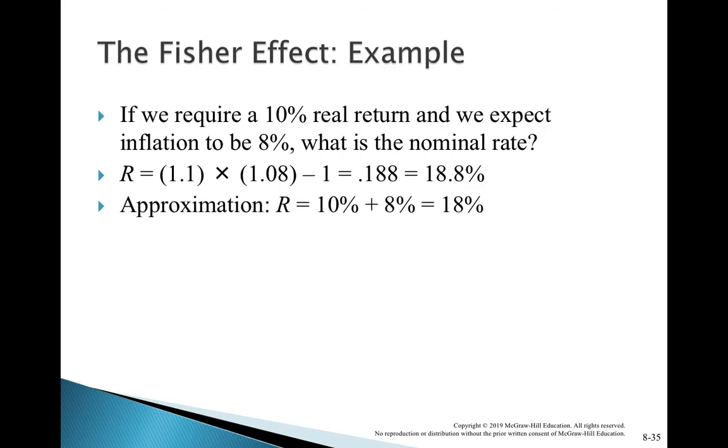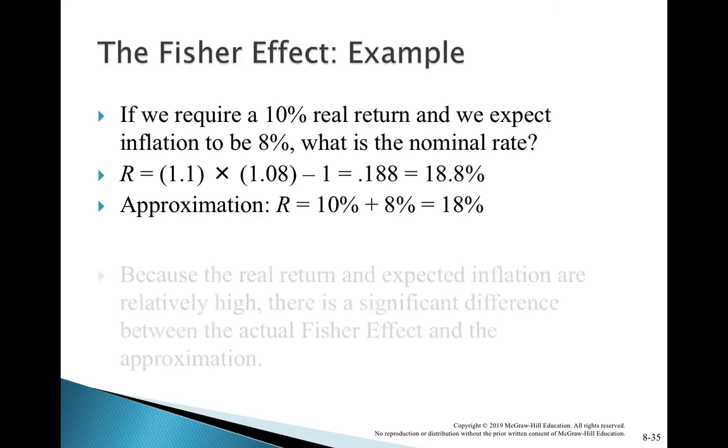For the approximation, without using the Fisher effect, straightforwardly 10% real rate plus 8% inflation is equal to 18%, which is not accurate, but is very close to the Fisher nominal rate of 18.8%.